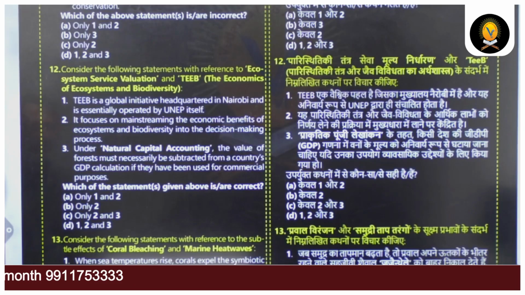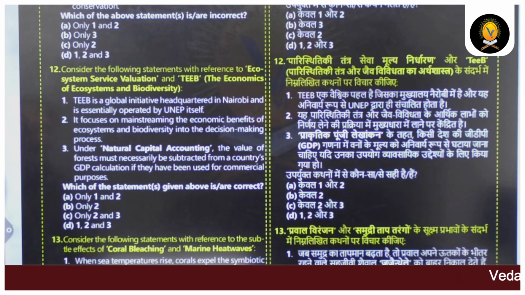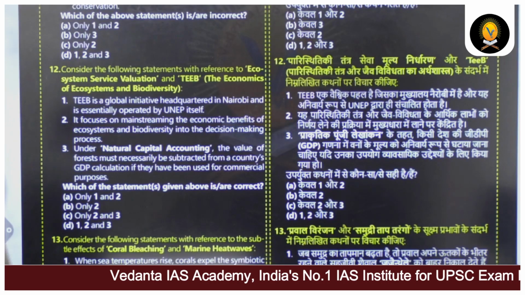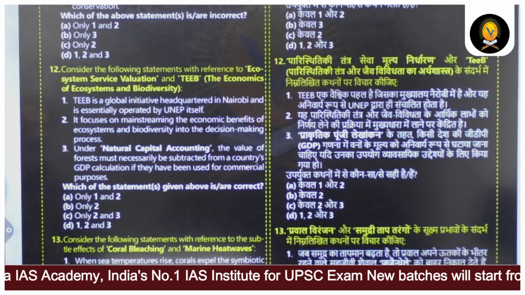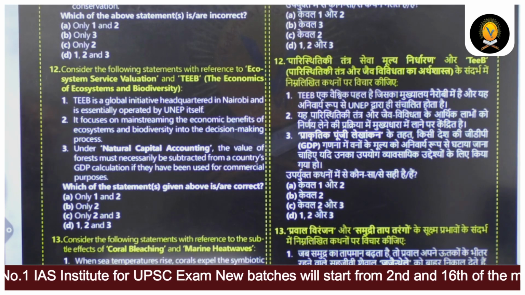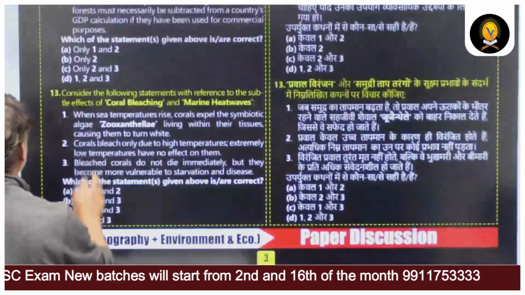It focuses on mainstreaming the economic benefit of ecosystems and biodiversity into the decision making process. Third is, under natural capital accounting, the value of forest must necessarily be subtracted from a country's GDP calculation if they have been used for commercial purposes. This is also wrong. So, only option 2 is correct.